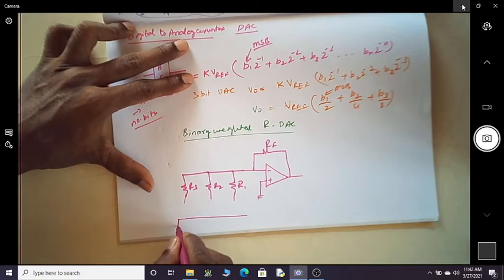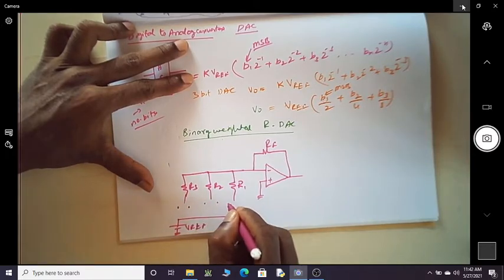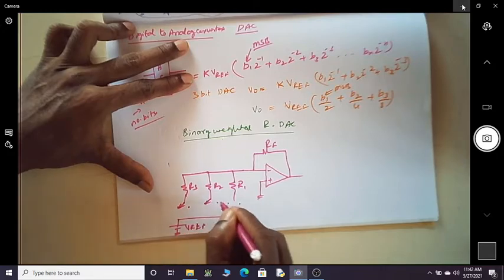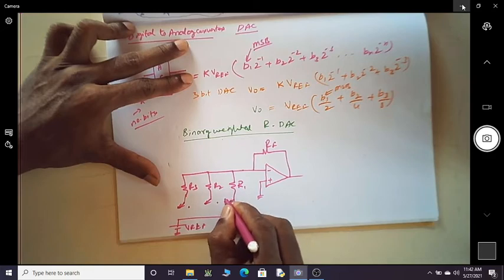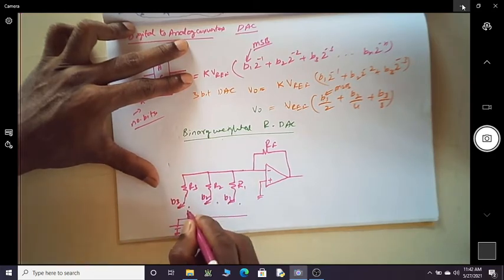So this is connected to V reference, and let us have two options for switching for each. Suppose this is V1, this is V2, this is V3.